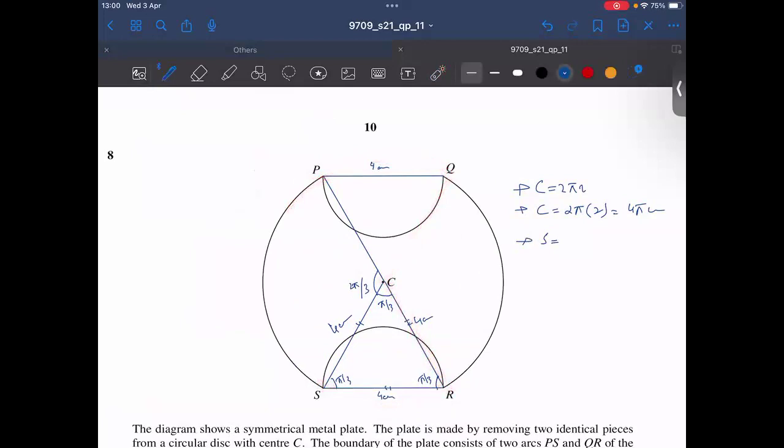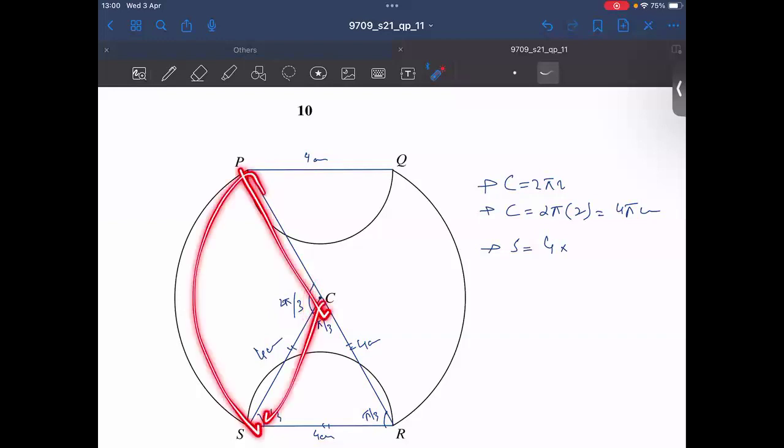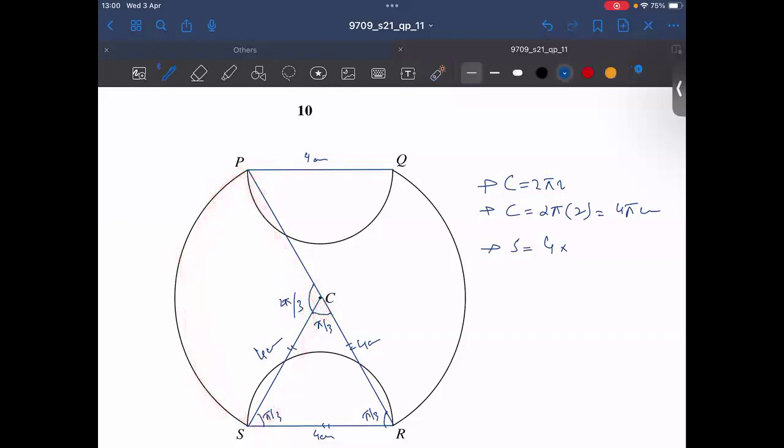R is 4, and the angle subtended at the center of this sector is 2 pi by 3. So this is the sector, and this is the arc length. The two arc lengths are equal, so 2 times r theta, which is 4 times 2 pi by 3, is 8 times 2, which is 16 pi by 3 centimeters.